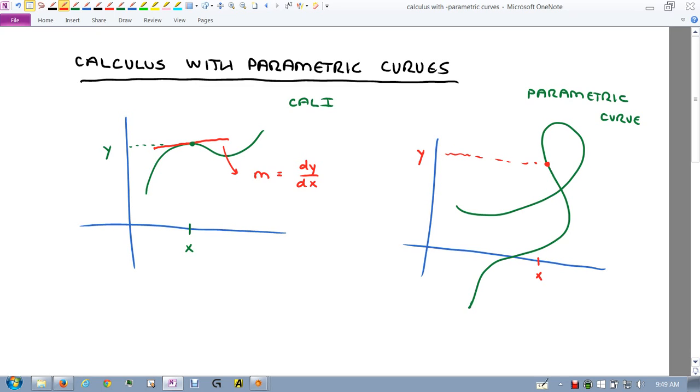Do you agree, the red one I just picked? My picture's terrible as far as straightness there. Now, that x and y value will be determined by what, though? t, right? t is what gets you there. So the fact that there's another point right here and another point right here doesn't matter to us anymore, because that point is uniquely defined with some t. But we should still be able to find the slope of the tangent line at that point.